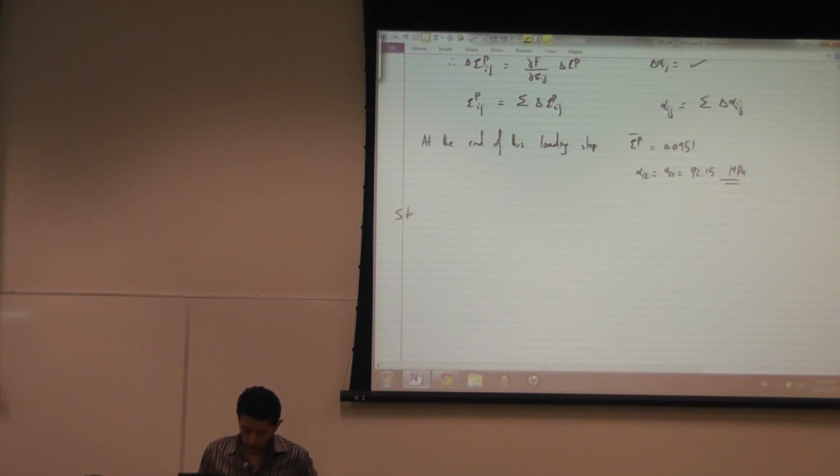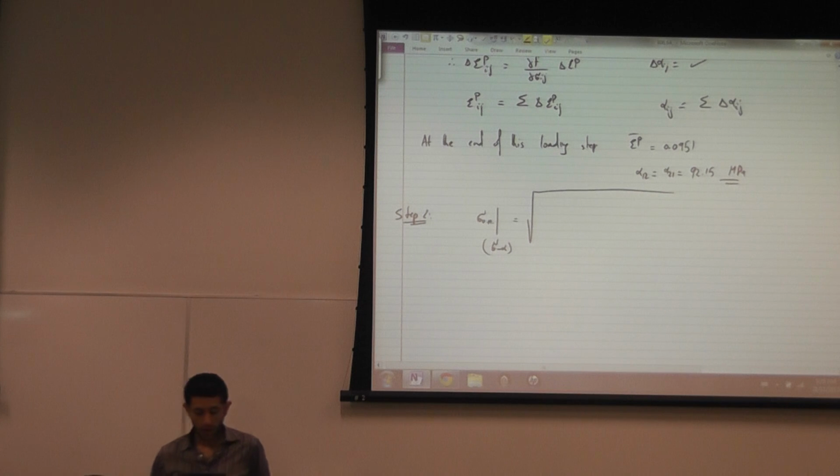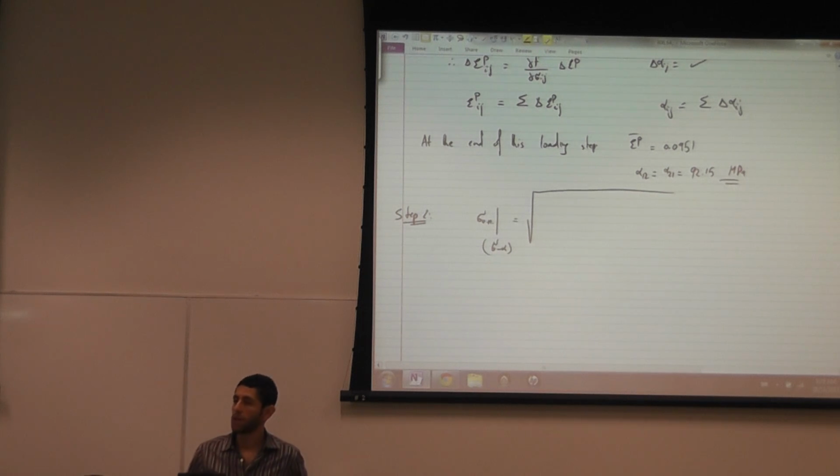Step 2. Let's see what happens with the sigma minus alpha pieces. This is equal to the square root. Now I have sigma 1, 2 decreasing. Sigma 1, 2 decreasing up to 0. So let's see what happens at 0.